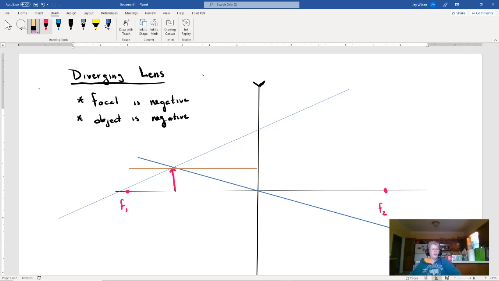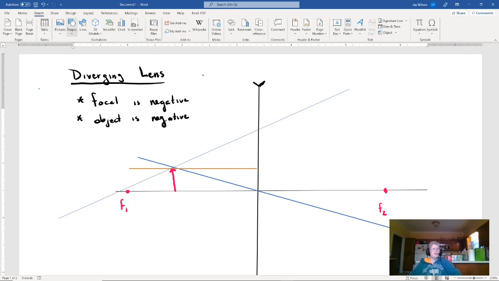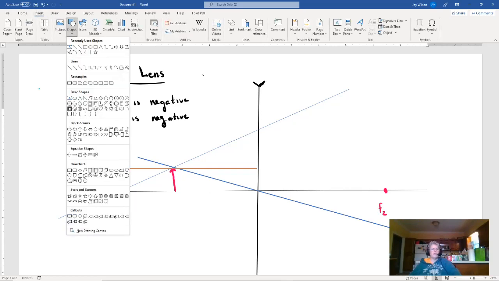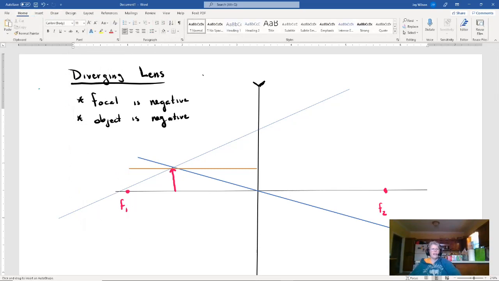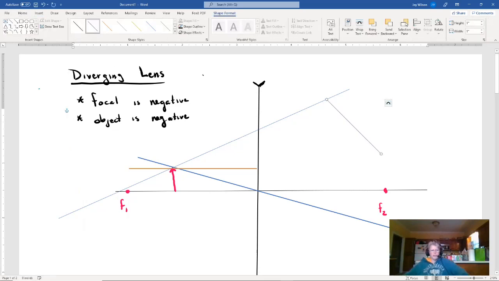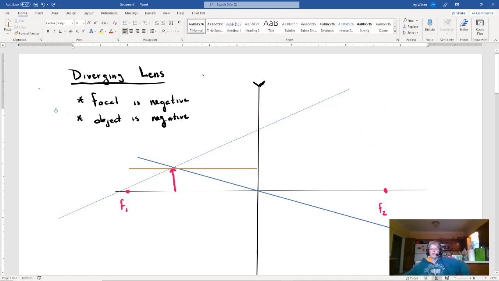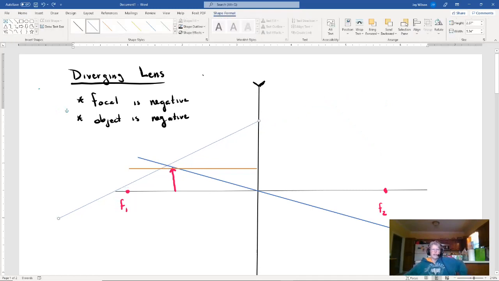So, when that one hits the lens, the next thing it's going to do is it's going to come out. So here's what's going to happen. This one, when it hits the lens, it's going to come out parallel.